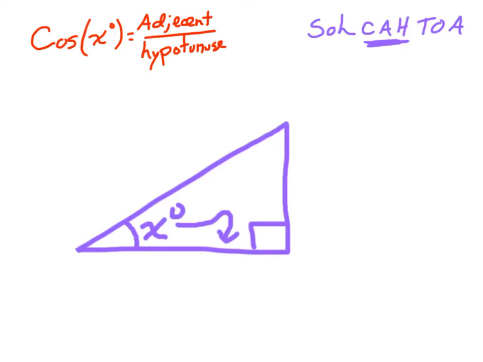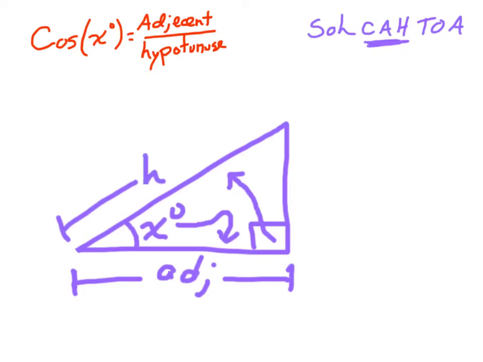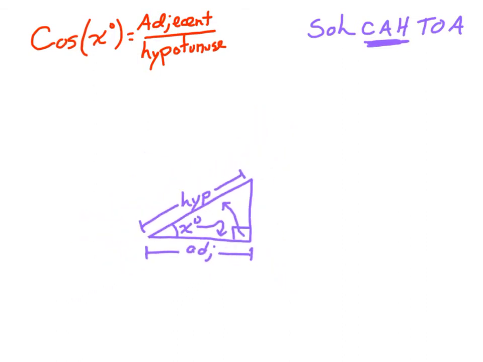This one right here. This is the adjacent. The hypotenuse hasn't changed. The hypotenuse is still opposite the right angle. So we can start moving quite a bit quicker because you've seen some of this stuff.